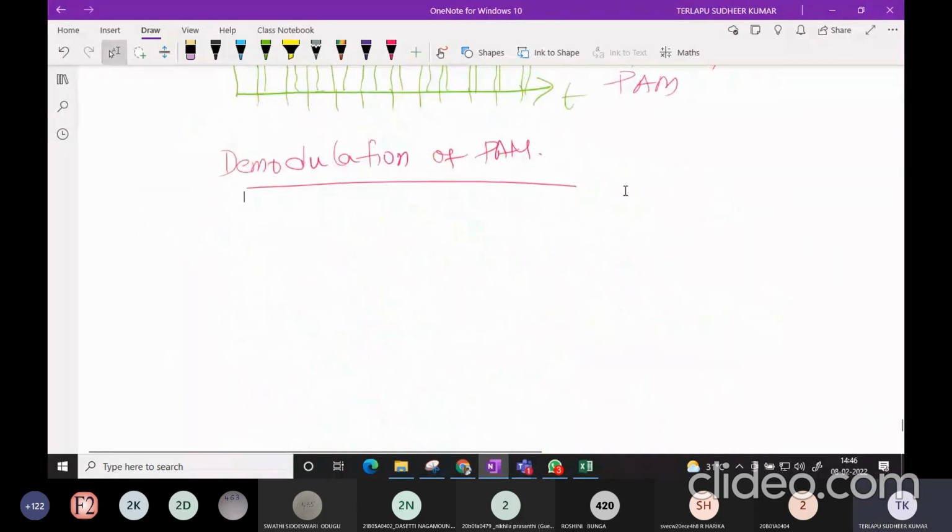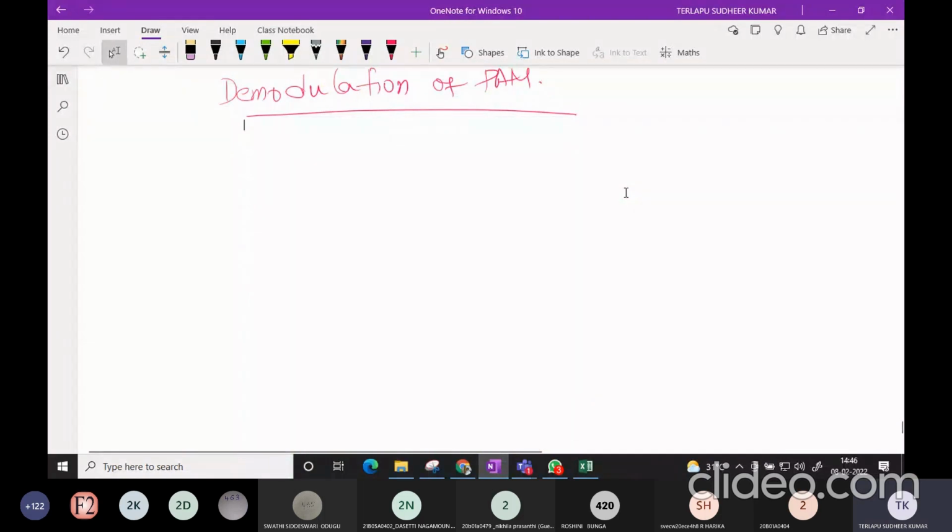Now how to demodulate a PAM signal? The circuit for demodulation of PAM is the sample and hold circuit.